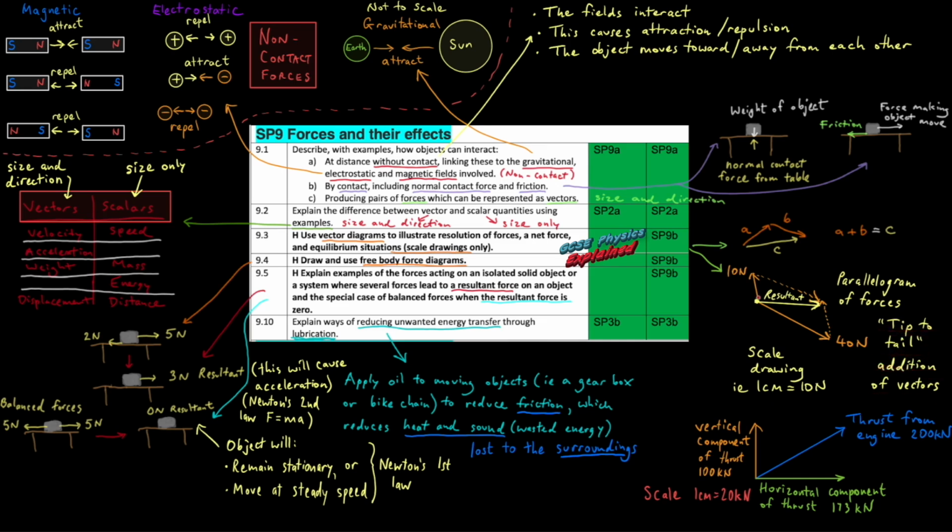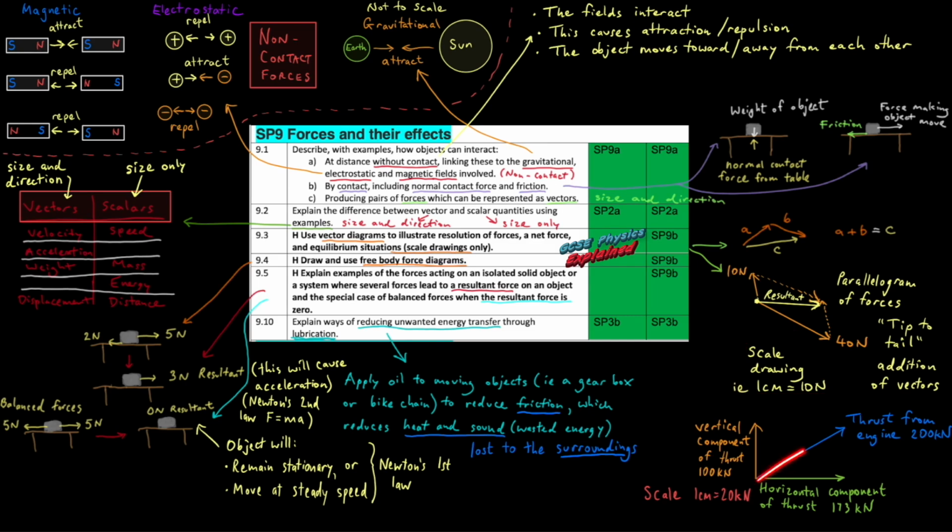So in other words, if you picked this vector up and add that tail to this tip, draw it there, and also if you picked this vector up and draw it onto the end of this vector, what you'll end up with is this vector here, which is the resultant. Now all you need to do is measure it with a ruler, and every 1 centimetre would be 10 newtons for this particular scale.